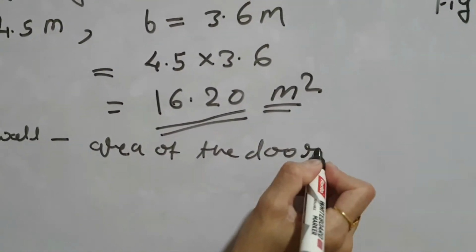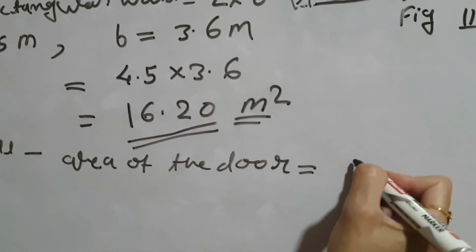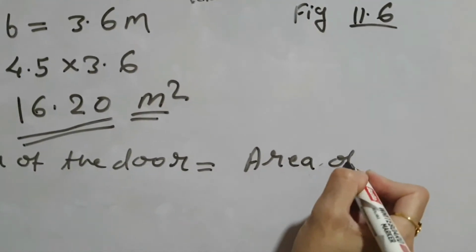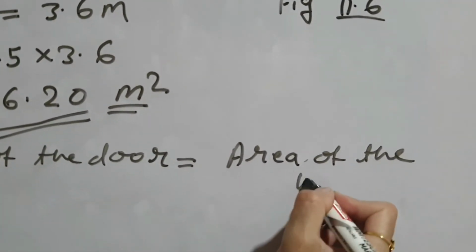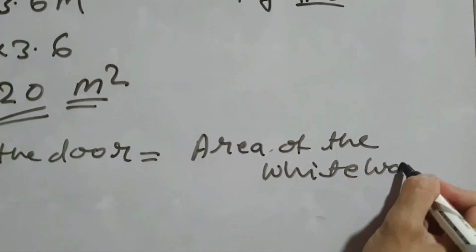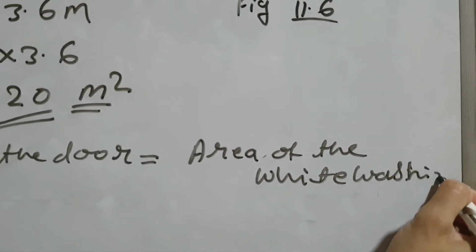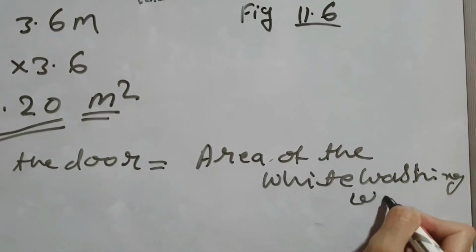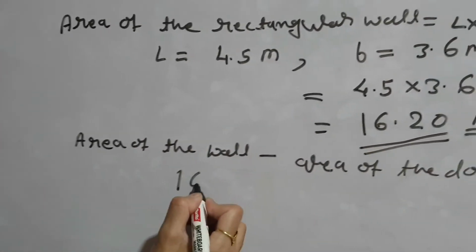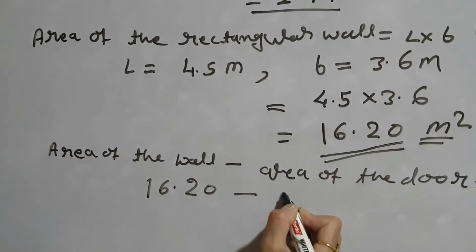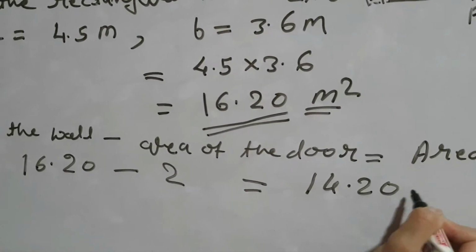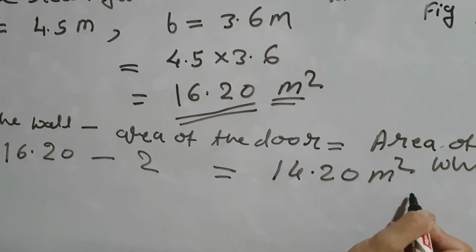Then it is the area of the whitewashing wall. 16.20 minus 2 equals 14.20 square meter.